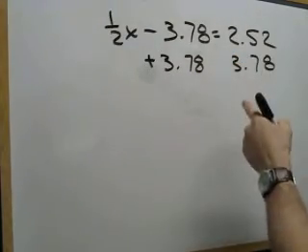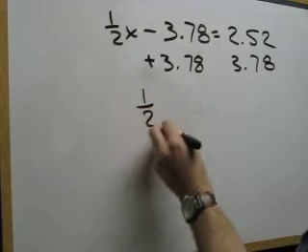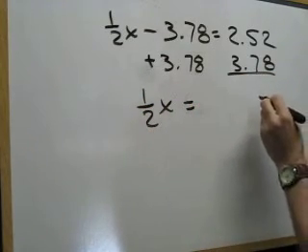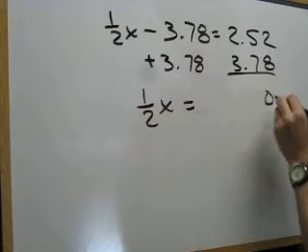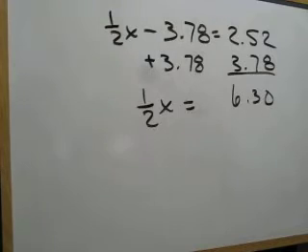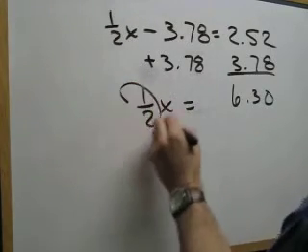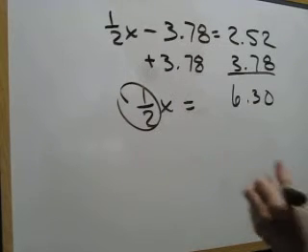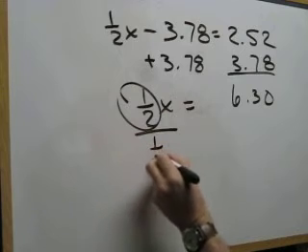Nice thing about stacking them in columns is you can actually go ahead and do the addition right here and not have to rewrite it somewhere else. So it's going to be 10, carry the 1, 13, carry the 1, 6.3. Now I've got a 1/2 in front of my x. Remember on the last problem we had a 3 in front of the y. We divided both sides by 3. Well, here we're going to divide both sides by 1/2.